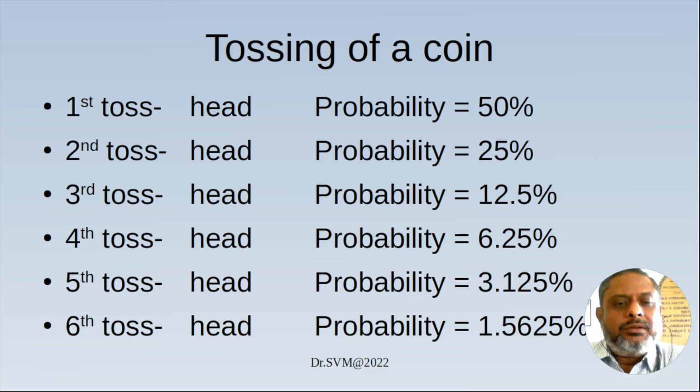The p-value of getting 5 consecutive heads in 5 tosses is 3.125. So anything less than 3.125 means at least 6 times consecutively we are getting a head after tossing the coin. That leads us to reject the null hypothesis.